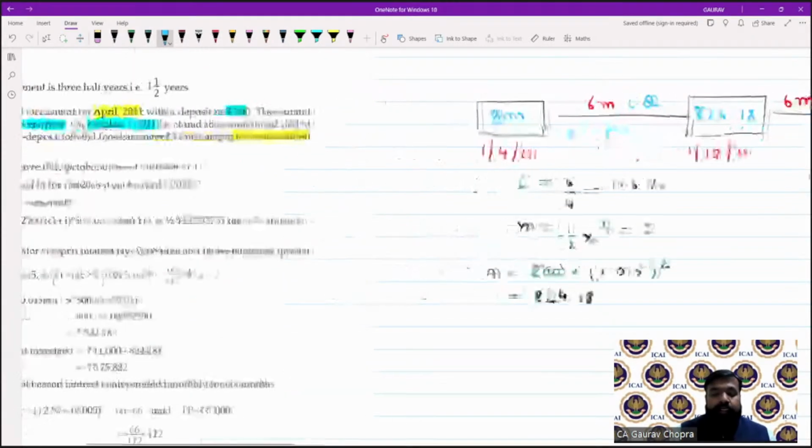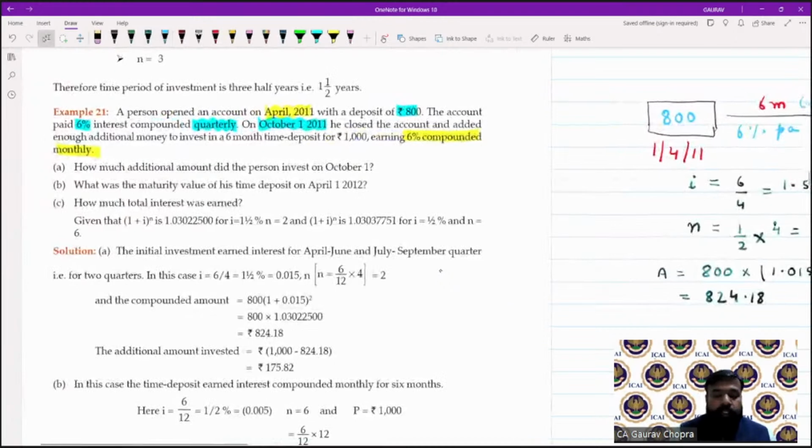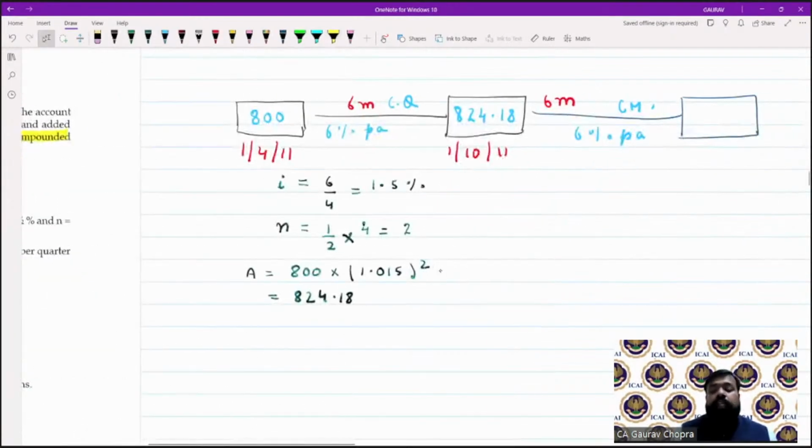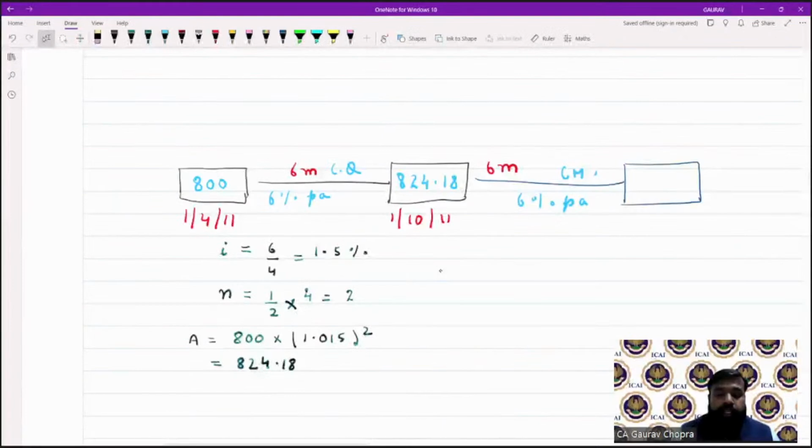Now, the second thing asked in the question was how much the person is required to invest on 1st October. So how much more money will he have to invest? The question has already told us that he has to deposit 1000 rupees in total. And he has 824 available, so how much more does he have to deposit?